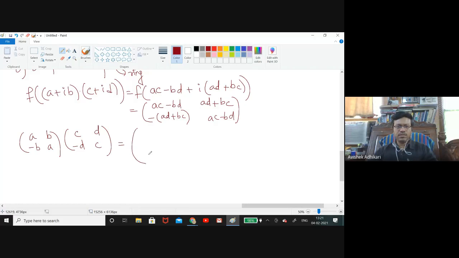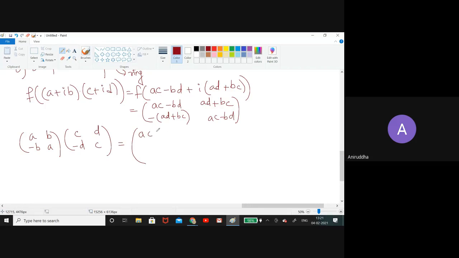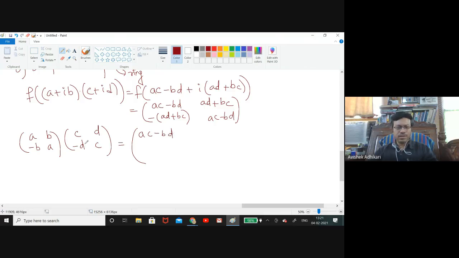Tell me what this value is. Sir, it's the same as the above: AC minus BD, BC plus AD, minus BD plus AC. Oh, it looks the same. Then what would be your conclusion? Who said that this is not a ring homomorphism? Now is it clear to you? So it's a ring homomorphism.